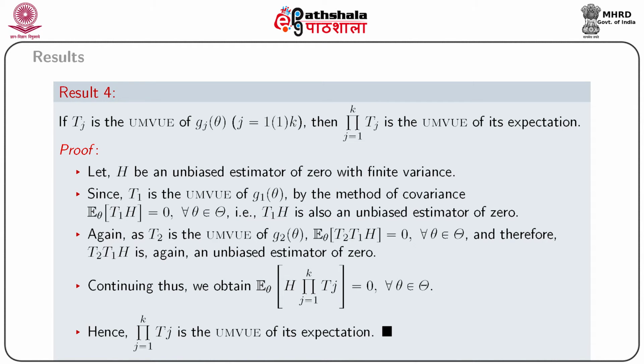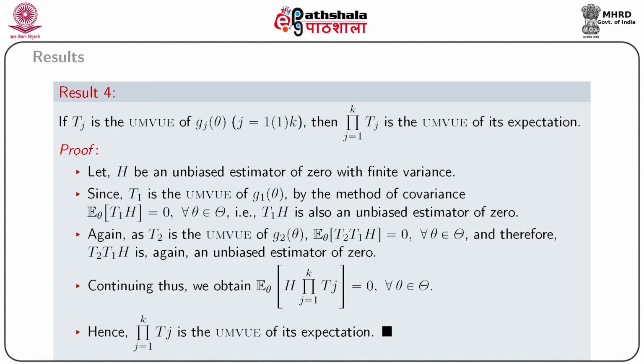Since T1 is the UMVUE of g1 theta, by the method of covariance, expectation under theta of T1 into H equals 0 for all theta, which implies T1 into H is an unbiased estimator of 0, that is, T1 into H belongs to U naught. Again, T2 is the UMVUE of g2 theta.